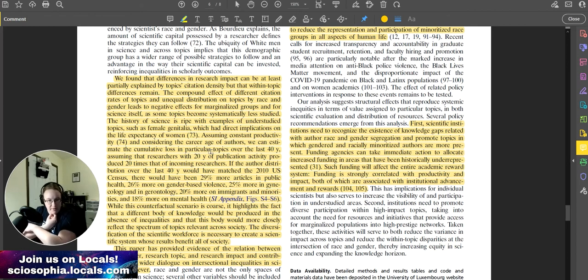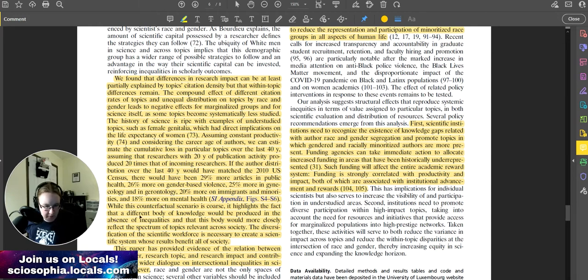"If the author distribution over the last 40 years would have matched the 2010 U.S. Census, there would have been 29% more articles on public health, 26% more on gender-based violence, and 25% more on gynecology and gerontology," I do not know what that is, "20% more on immigrants and minorities, and 18% more on mental health.